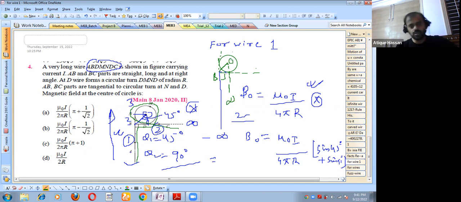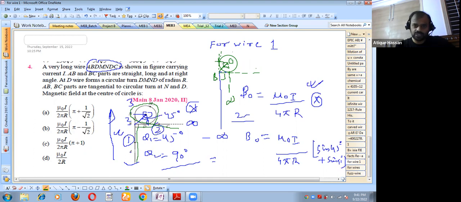What we were doing, we were drawing the perpendicular from this point to the wire, and then we were seeing the angle.